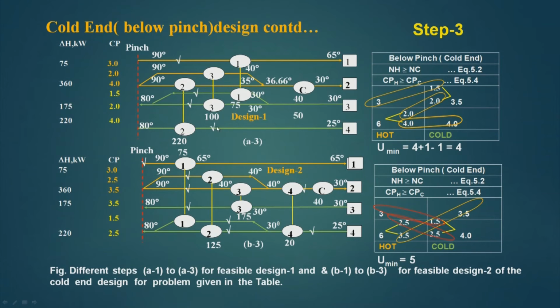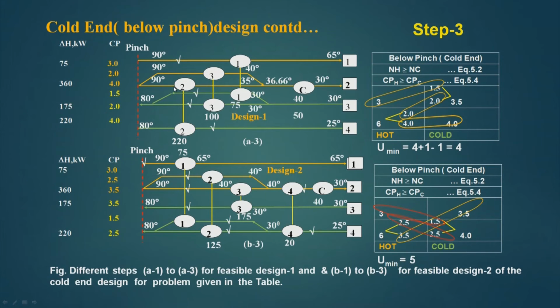That means that this part has got 220 kilowatt of heat with it. So, if I pass the heat from this part through this heat exchanger, it will completely satisfy this stream, and this is ticked off.